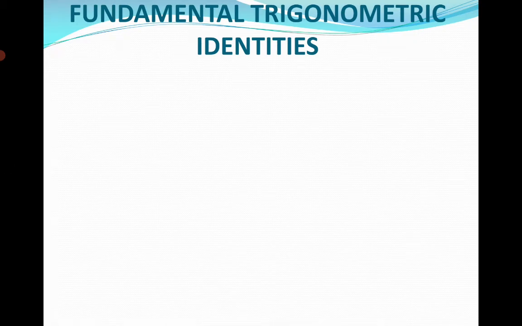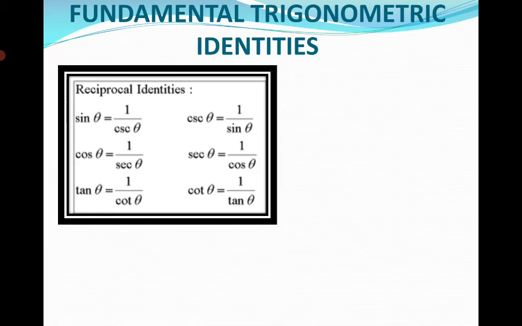Okay. So, the fundamental trigonometric identities. Diba? Katulad kanina, sabi natin, ang kabaliktaran ni sine is si cosecant. Kaya ang sine theta is equal to 1 over cosecant theta. Si cosine theta, kabaliktaran niya si secant, kaya cosine theta is equal to 1 over secant theta.